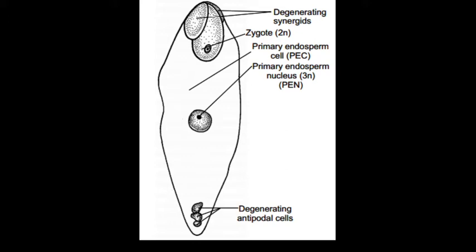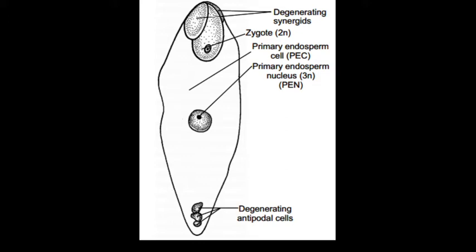Most of the time this question is raised in the board exam: what is syngamy? When you answer, you have to write: one of the male gametes fuses with the egg nucleus to form a diploid cell, the zygote, and this event is called syngamy. Now what about the second male gamete?